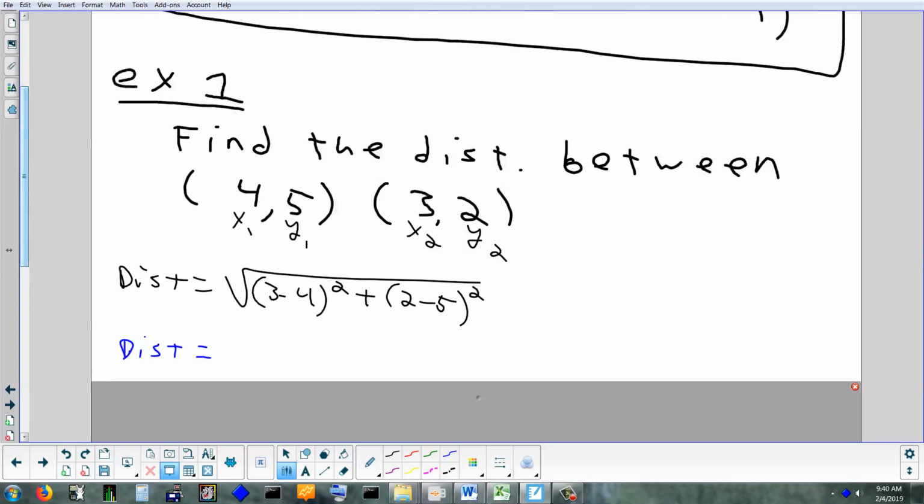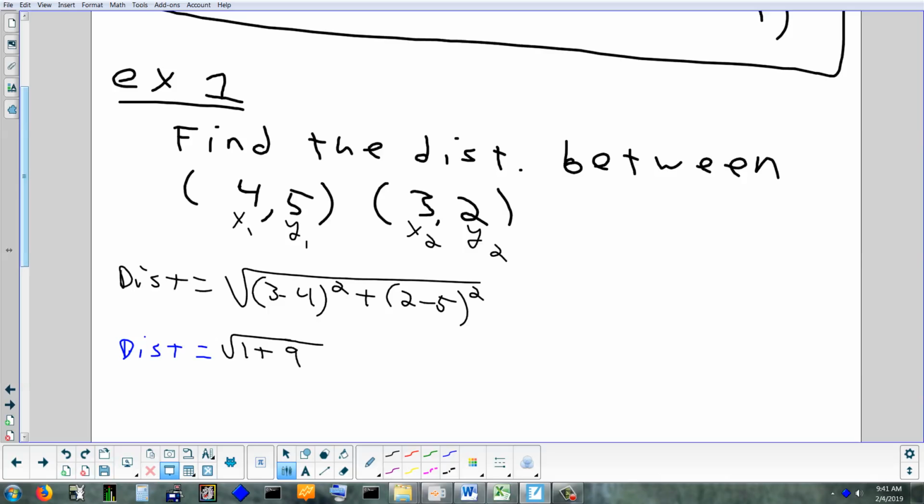3 minus 4, how about Devin? What does 3 minus 4 give you? Negative 1, and if you square negative 1 it's 1. Well, if you did it the other way around, 4 minus 3, that's 1. And if you square it, it's still 1. So it doesn't really matter which way you do it. 2 minus 5, it's negative 3.